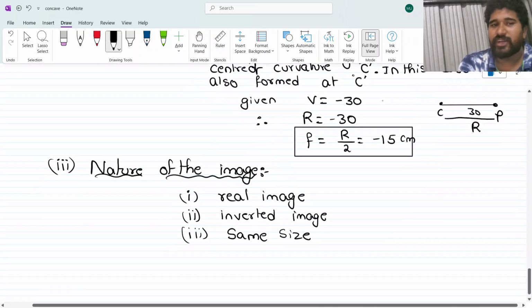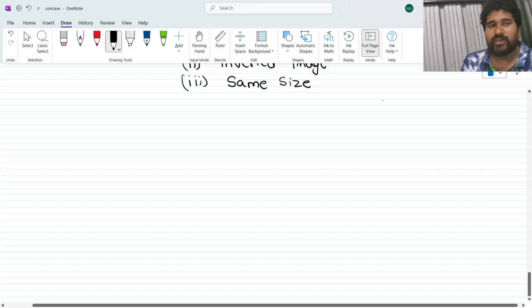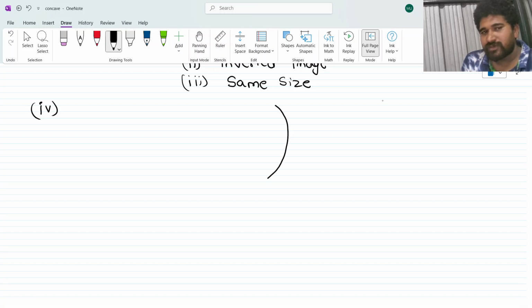Next, what he asked, fourth question. Draw the ray diagram. So, how do you draw the ray diagram? Just indicate the mirror. Then, what is this point? Pole.